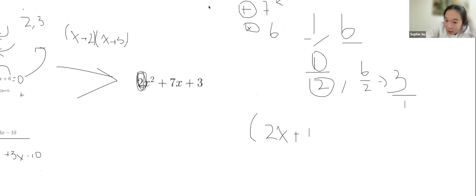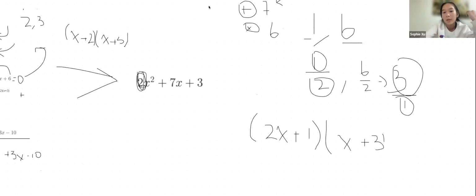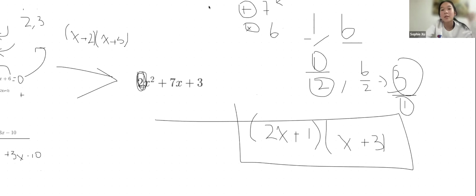For the second bracket, we take the denominator again, that's 1, so it's just x, and then the numerator, that's 3. So that's our final factorized form. Does that make sense?